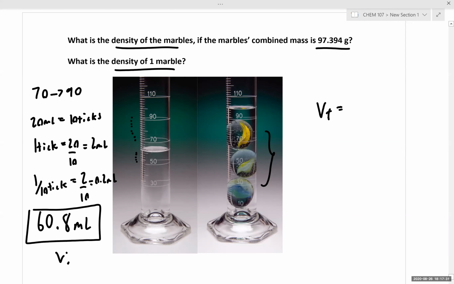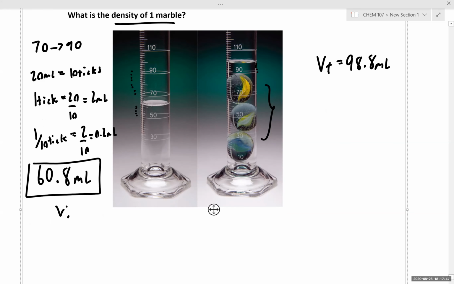So for V final, past 90, we are 1, 2, 3, 4 ticks up. So I'd say it's about 98.8 milliliters, since we're not quite at the 5th tick yet.